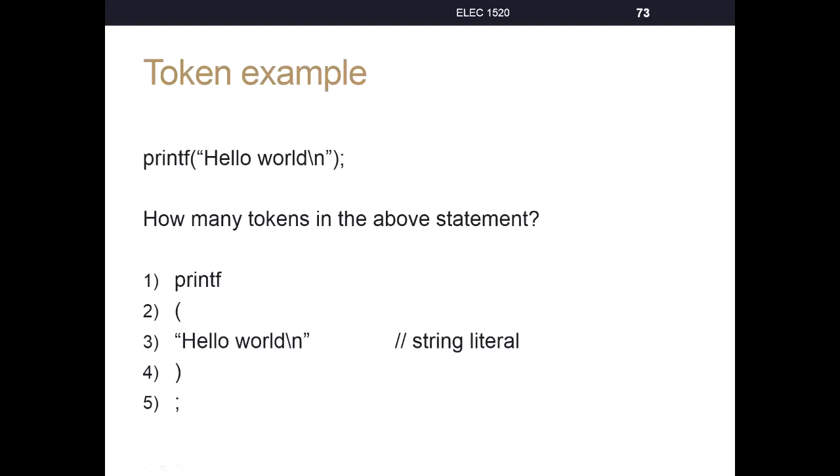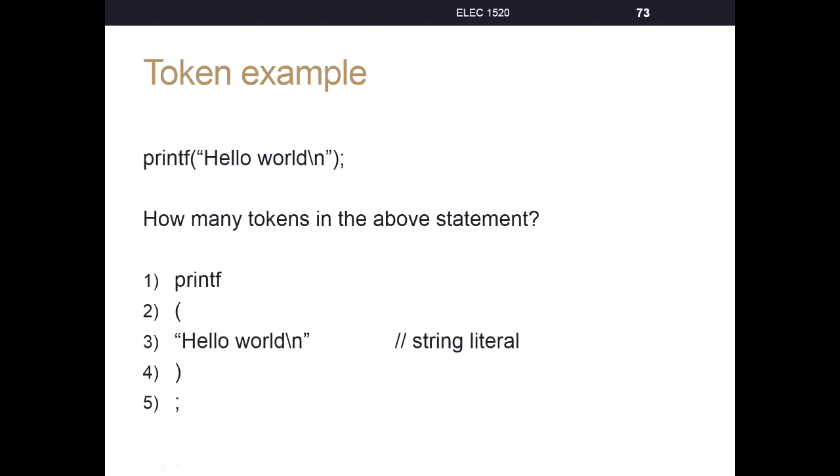After that, it sees these double quotes, and the compiler knows that string literals go in double quotes. So it saves what is inside the double quotes and takes that as a string literal.